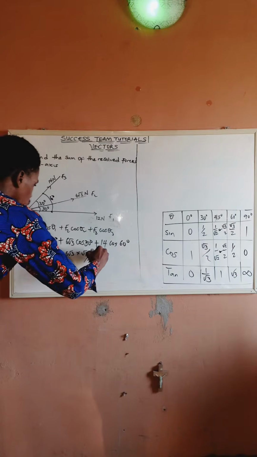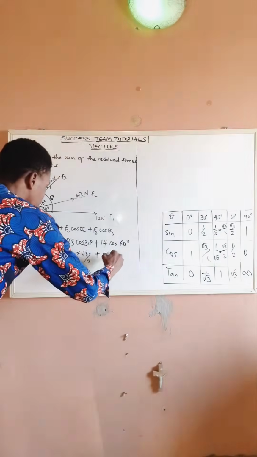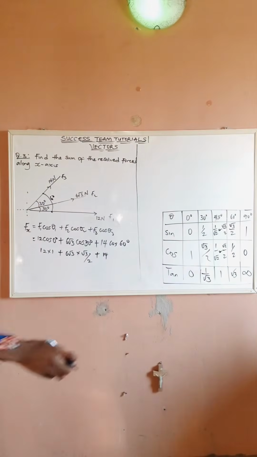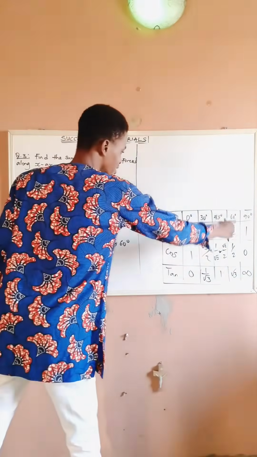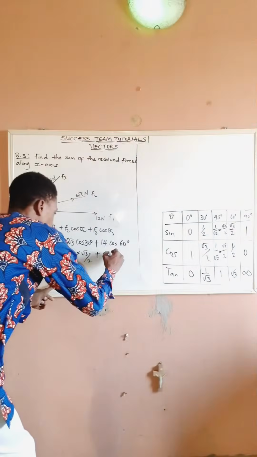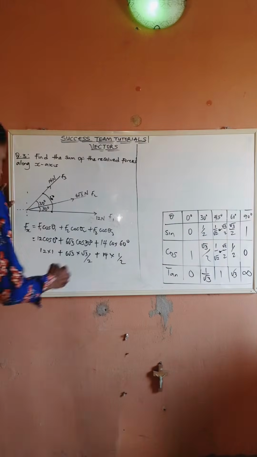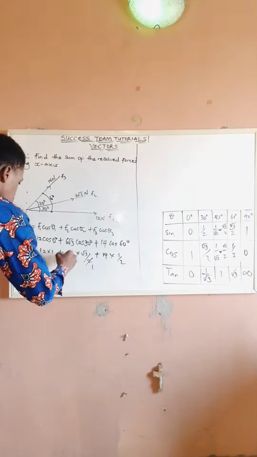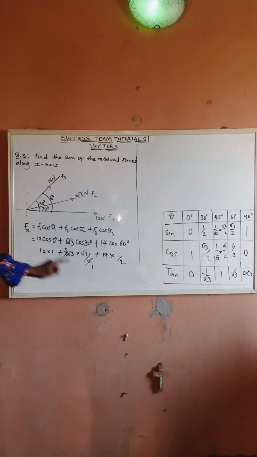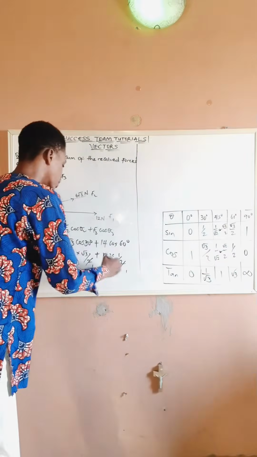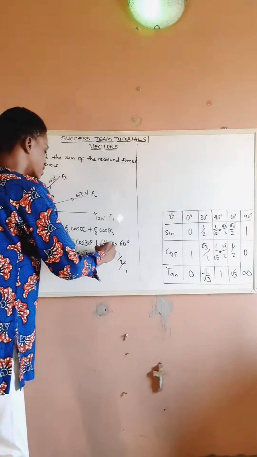Plus 14 cos 60. Cos 60 is 1 over 2, so times 1 over 2. So 2 into 12 is 6, 2 into 6 is 3, 2 into 14 is 7.